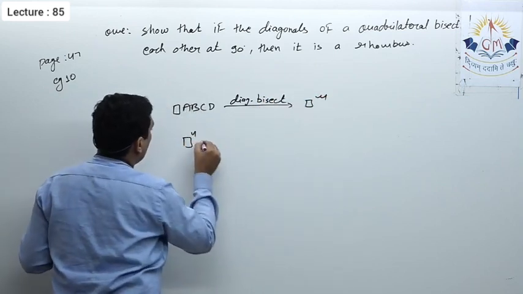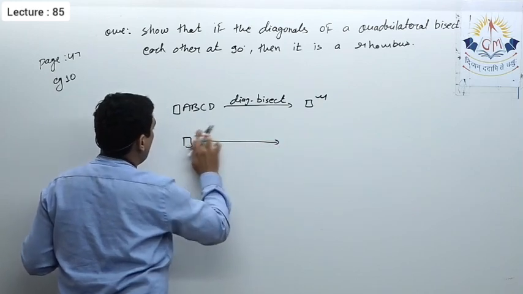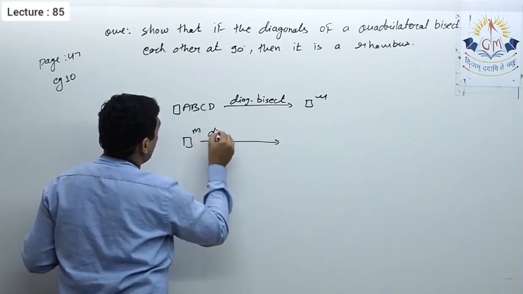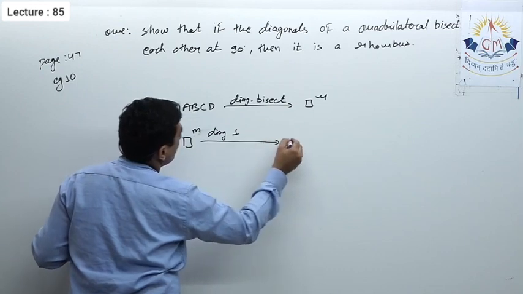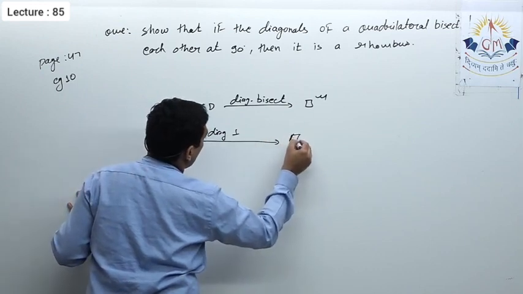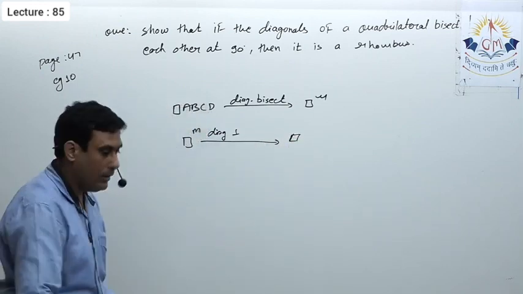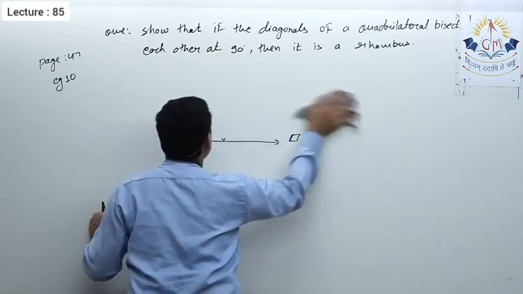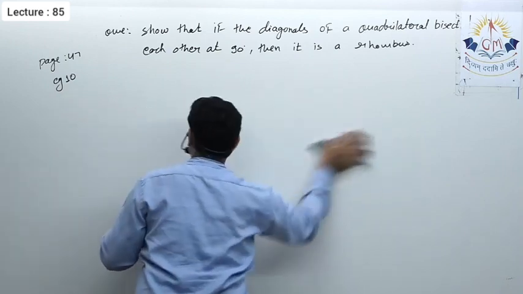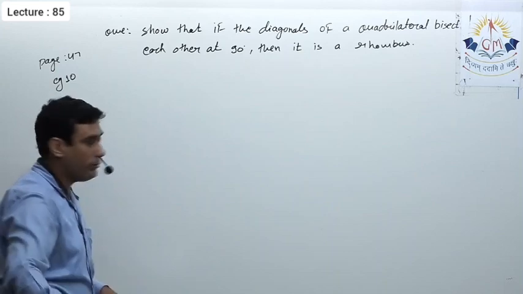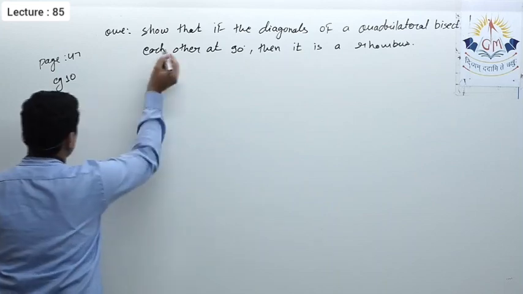Now a parallelogram whose diagonals are perpendicular to each other is a rhombus, using the properties. But here you have to prove this by congruency.